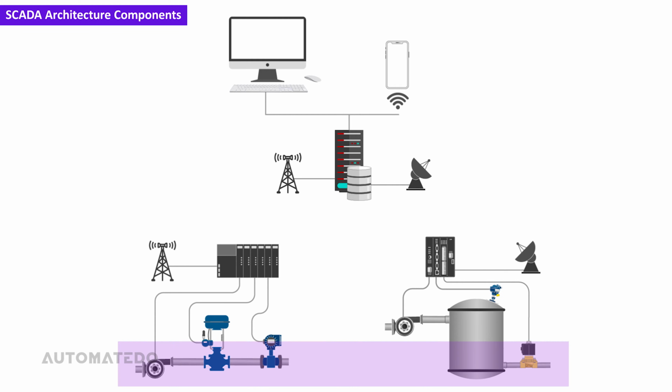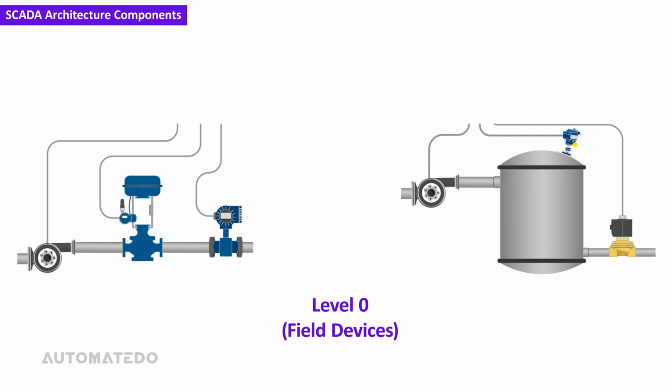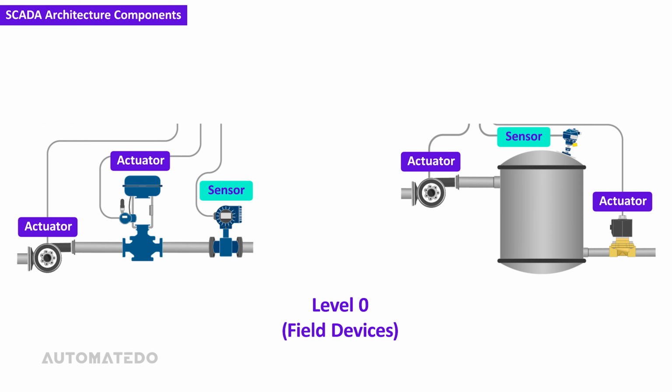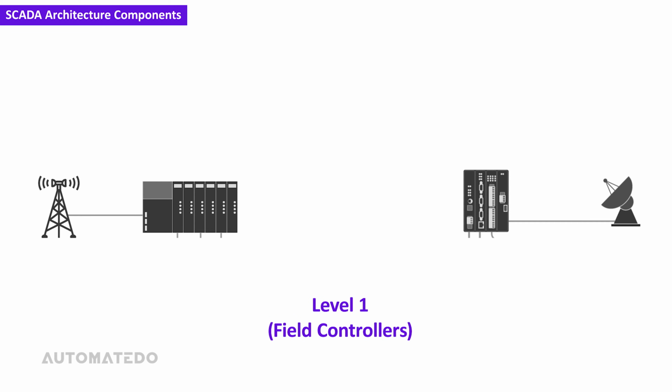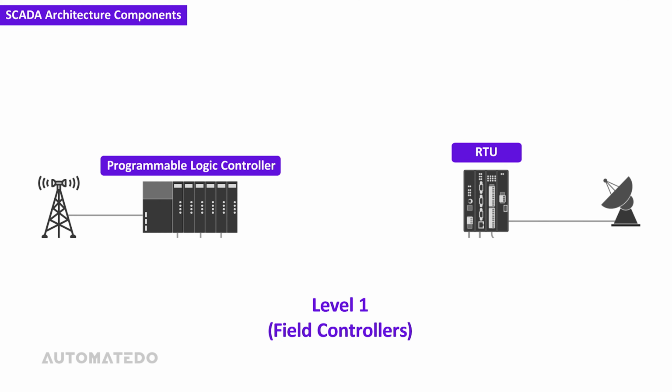Now let us learn about SCADA architecture and the main components used in this type of control system. Level 0 includes field devices such as sensors that recognize operations inputs and actuators that control operations mechanisms. Level 1 includes field controllers such as remote terminal unit or RTU and programmable logic controller or PLC, which interact with sensors and actuators.